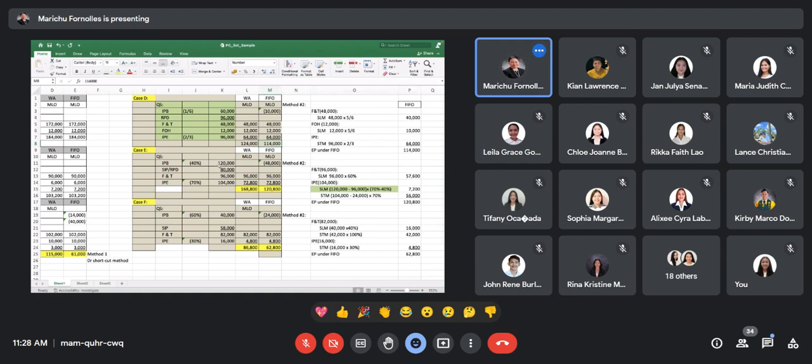Okay, let's take up case E. In case E, your IPB is greater than your F&T, so there is a portion of the IPB that is part of the IPE. Going back to our F&T of 96,000, the F&T is smaller than the IPB.